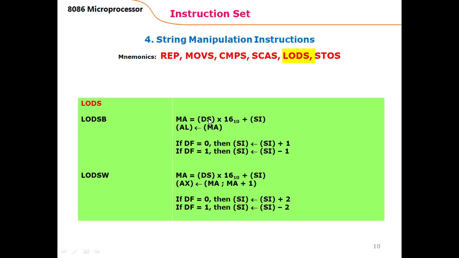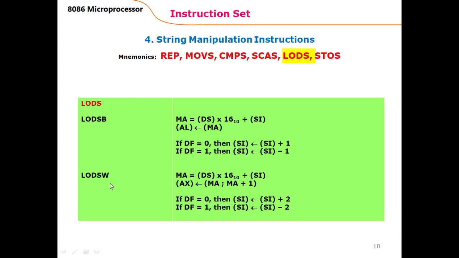The 16-bit value in the data segment register is left shifted by 1 hexadecimal digit, and the offset address SI is added to it, so that the physical address is calculated. The byte at that physical address in the data segment is moved to AL, and according to the direction flag, SI is either incremented or decremented, because 1 byte is moved.